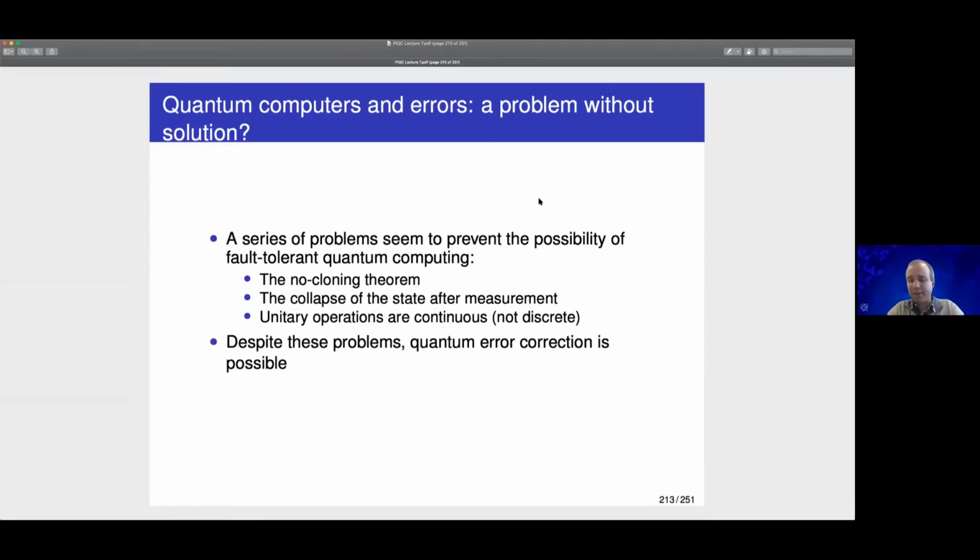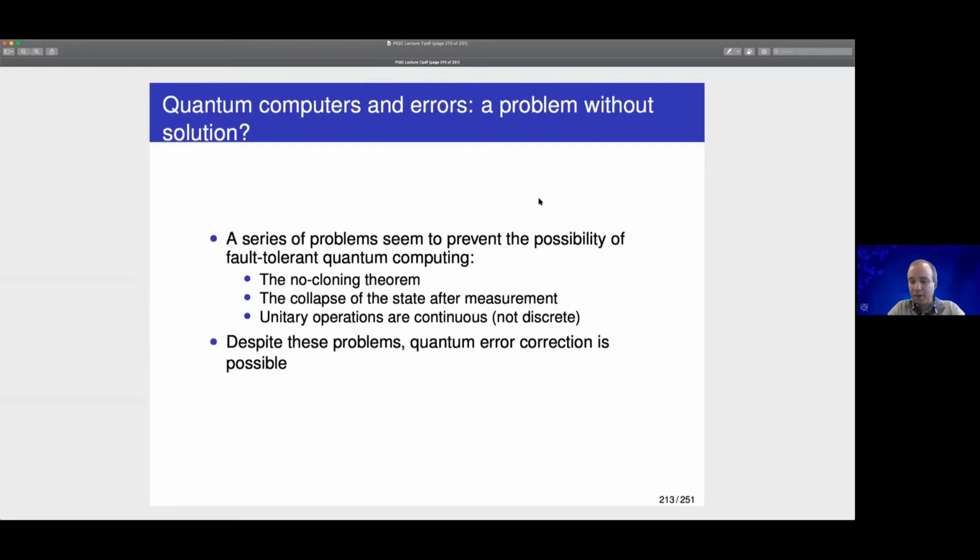Another problem is that, in order to check whether the information is correct, it seems that we need to measure the information, and then what we have is a result, but also the collapse of the state vector, and then we may seem to lose some information. And there is another obstacle that people have mentioned: compared to classical computing, here we do not have discrete operations.